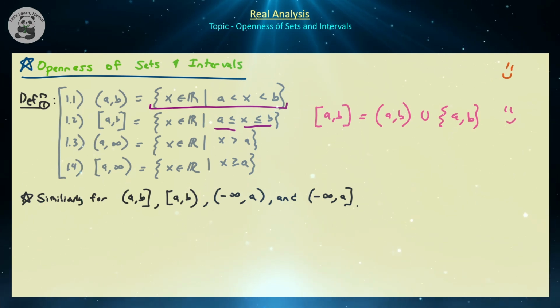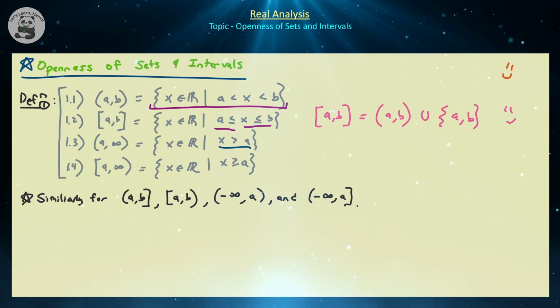Now, similarly, open parenthesis a comma infinity, where this infinity is the same infinity as mentioned in the extended set of real numbers, will be interpreted as the set of all real numbers that are strictly bigger than a, and bracket a, infinity will be defined to be the set of all real numbers that are greater than or equal to a.